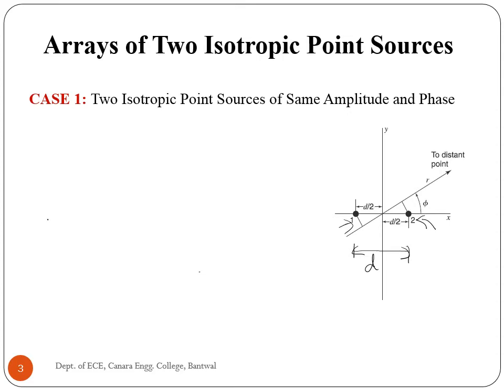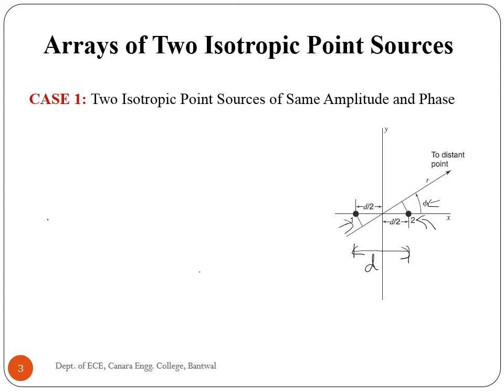The angle phi is measured counterclockwise from the positive x-axis. The origin of the coordinates is taken as the reference for phase.